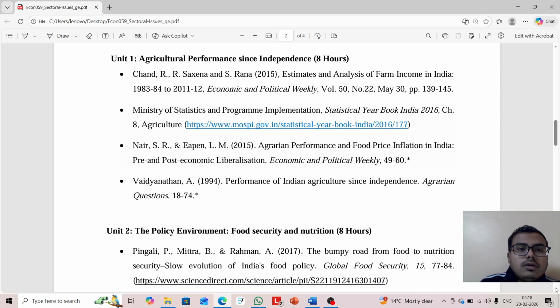So in Unit 1, Agriculture Performance since Independence, we mainly study the performance of the Indian agriculture since independence. We follow two papers. One is by Ramesh Chandra, Saxena and Asrana, Estimates and Analysis of Farm Income in India in the year 2015. In this, we estimate the farm income, analyze the farm income, and what are the factors that affecting the farm income.